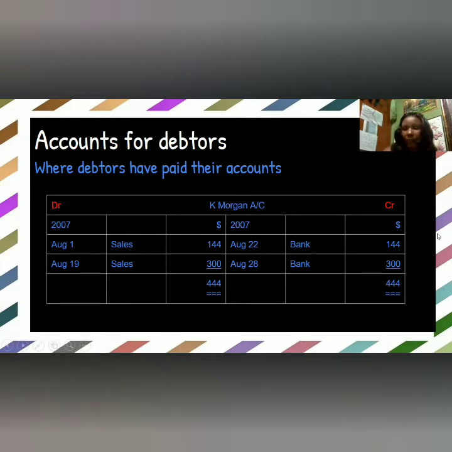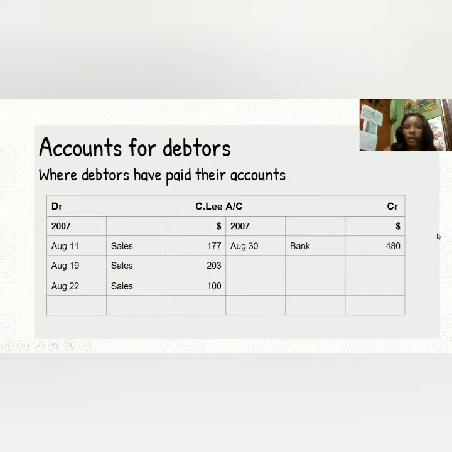Here's another one. In this case, we are still looking at debtors who have paid their accounts. But here with Sealy, everything was paid at once instead of in installments as in K-Morgan's account. So here, we have the debit side, we have the credit side, we have the name on the account, which is Sealy, we have the year 2007 and $ on both sides of the account.